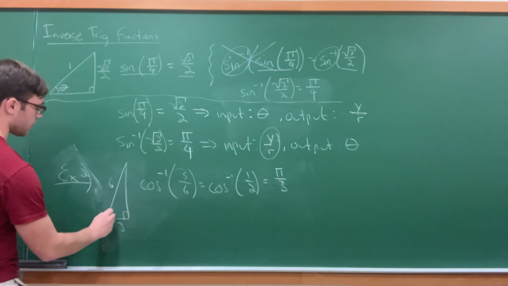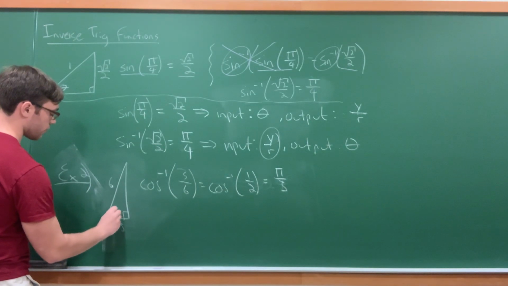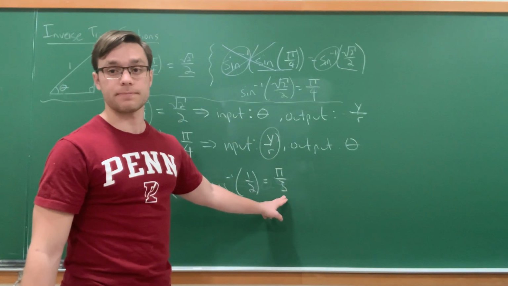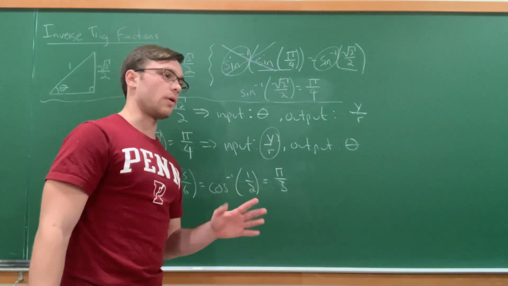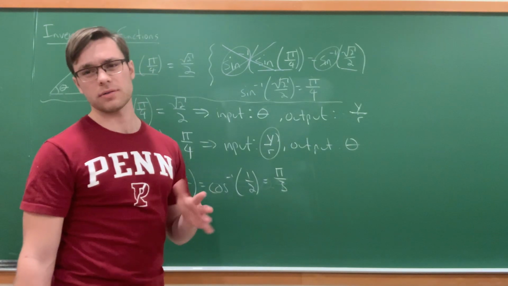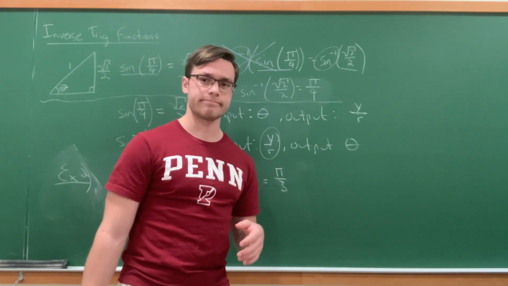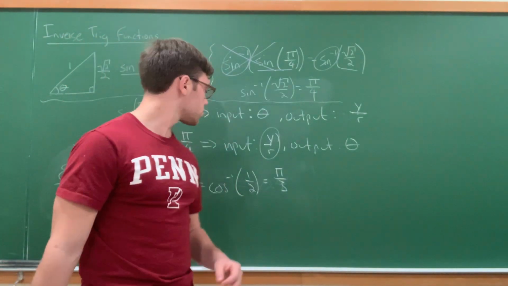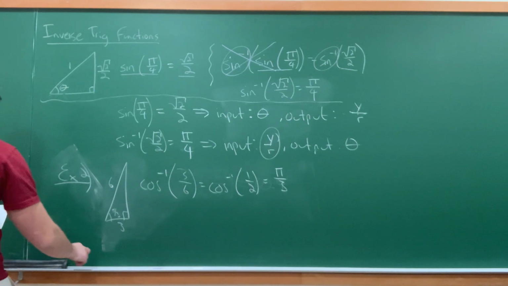So this theta is pi over 3. If you plug it into the calculator, it's going to be 1.04-ish in radians, and in degrees this would be 60 degrees exactly. Good, those are the 2 examples.